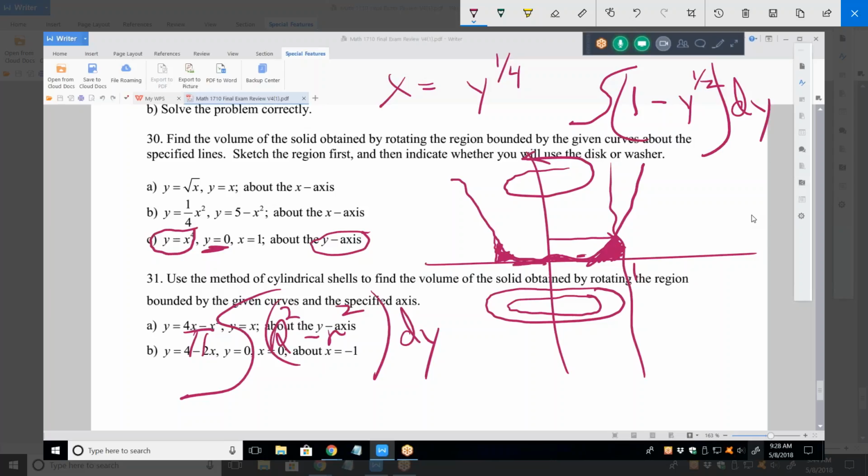Actually, I'm going to do it from -1 to 1, which is the same as 2 times 0 to 1, because it's an even function, it's symmetrical, so whatever I get, you know what? I don't even want to do that. Let's just do it right, from -1 to 1.